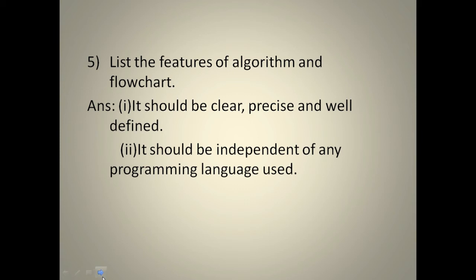That means whatever you write, either instruction for algorithm or you may draw for flowchart, it should be clear, precise and well defined. Point number 2, it should be independent of any programming language used. That means it should not follow any programming language like maybe Java, C, C++. It should be free from any programming language. Normal, simple English will be used.